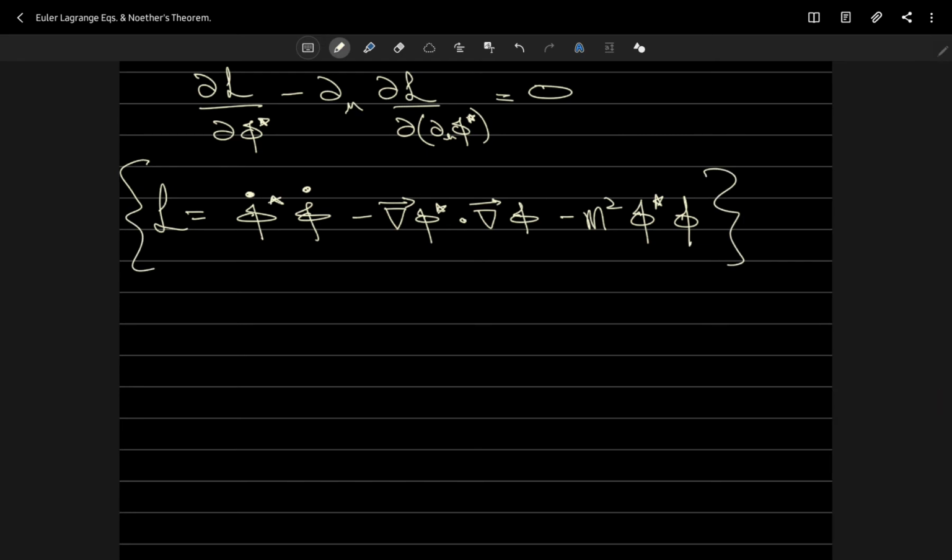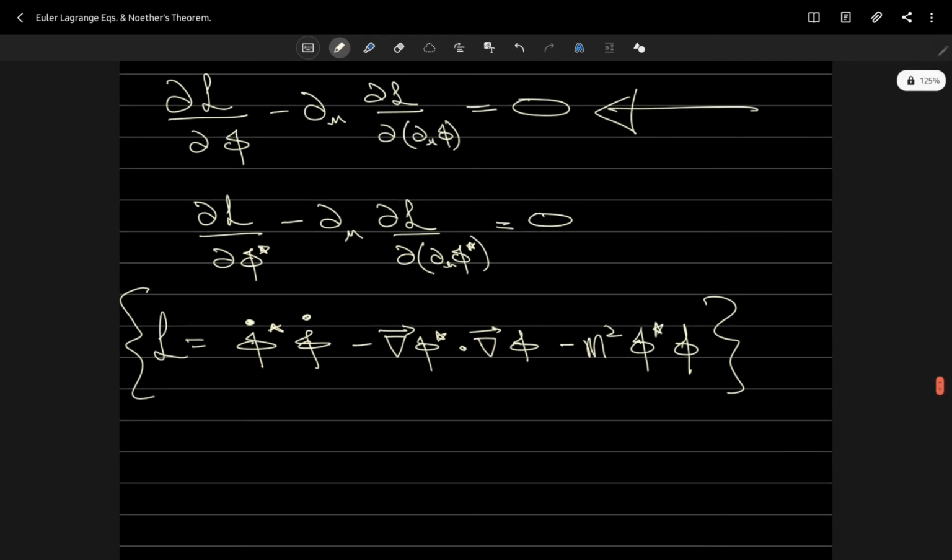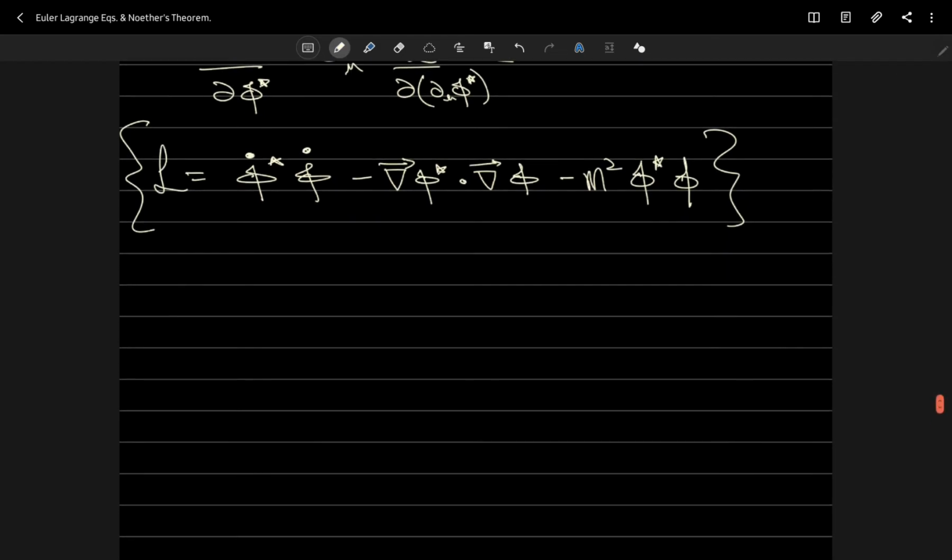With this, we can first compute this first Euler Lagrange equation. Let's compute this thing. So what's partial L over partial phi? If you look at this Lagrangian, we have two independent fields or degrees of freedom. One is phi and the other one is phi star. If I'm taking the derivative with respect to phi, the other field is treated just as a constant.